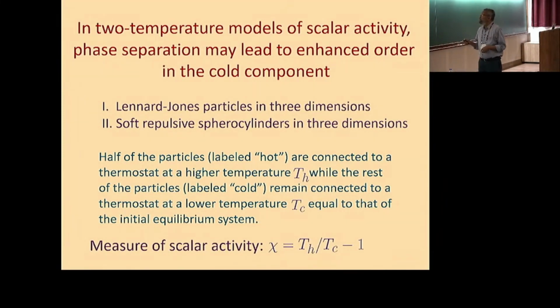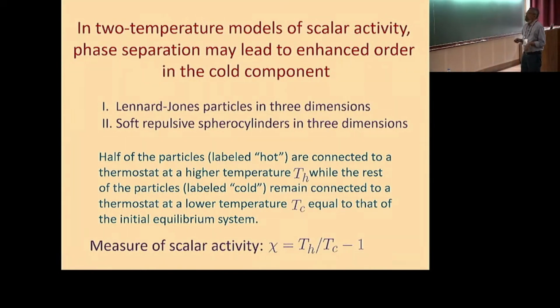These particles will be called hot particles, and the others cold particles. A measure of this way of driving the system by two different temperatures is the ratio of the hot and cold temperature minus 1, which we call chi. I'll be talking about different values of chi, which in this two temperature system is a measure of the activity that one puts in.